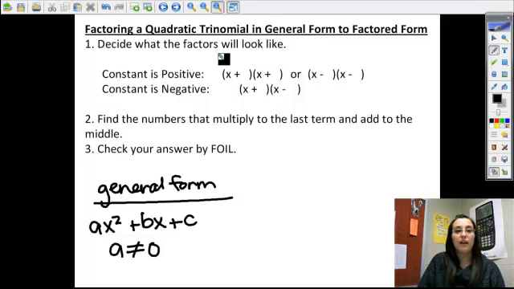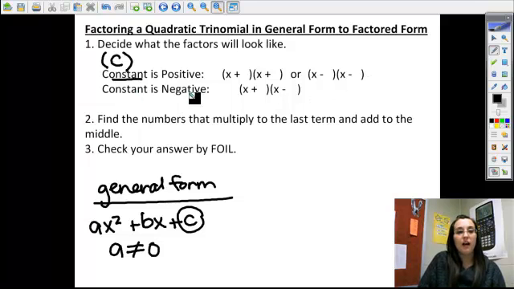So step 1, find out what the factors will look like. The constant term is c. If the constant is a positive number, then you know that the two binomials are (x plus) and (x plus), or (x minus) and (x minus). We'll talk about that in a minute. If the constant is negative, if c is negative, then I know that the two terms are going to be x plus something and x minus something.